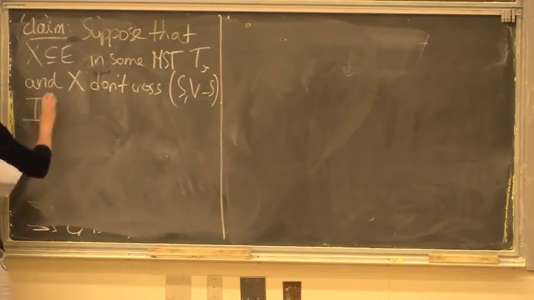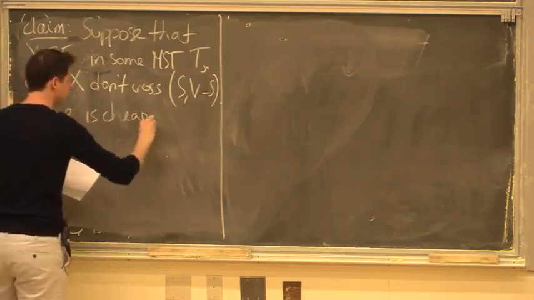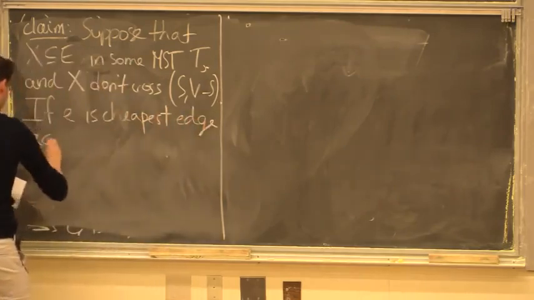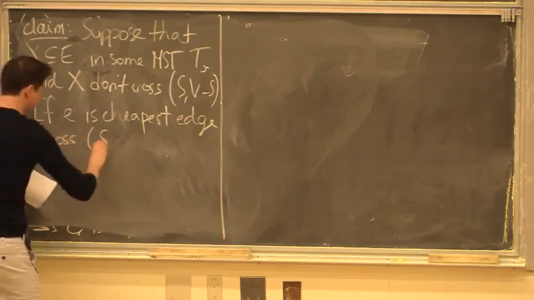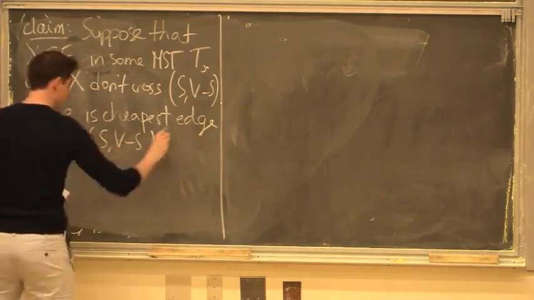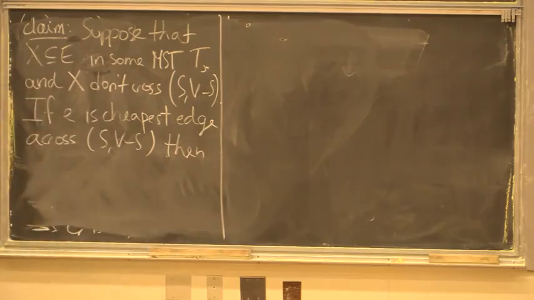Then, if E is the cheapest edge across the cut, then what should my conclusion be? What do I want to be true? I've written almost all the claim.